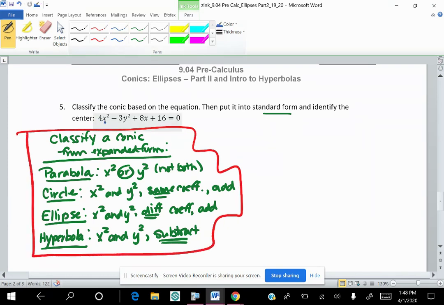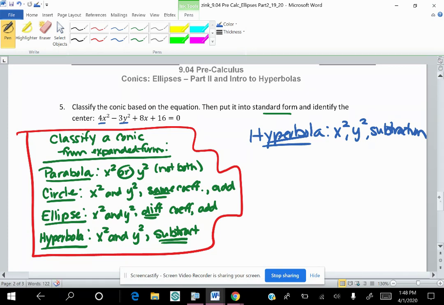So if you look here, we have an x squared, we have a y squared, and one's positive, one's negative. So that's what tells us it's going to be a hyperbola. So this is a hyperbola, and that's because you've got an x squared, a y squared, and subtraction.